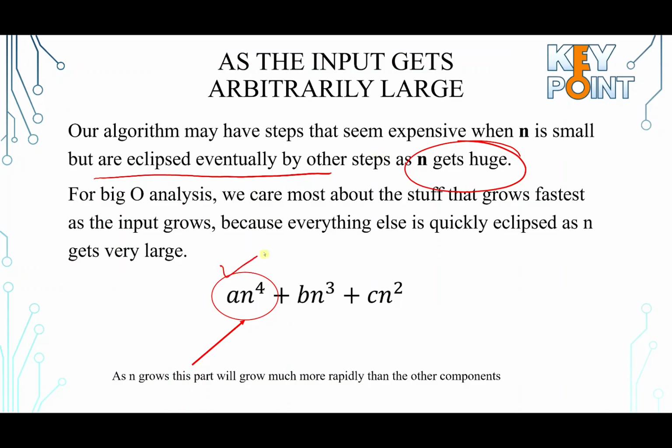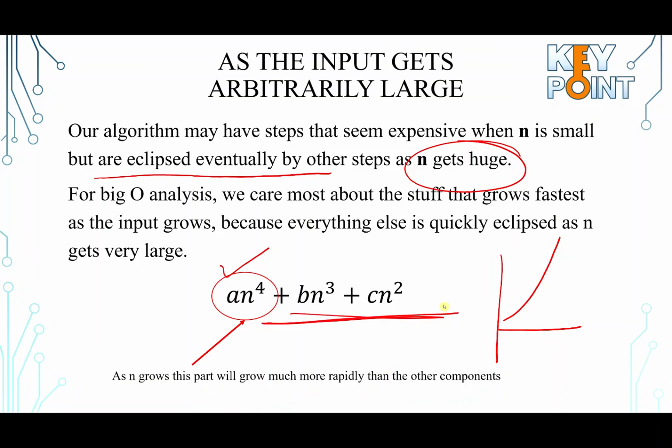So, as you can see, the biggest term is going to determine what the shape of the algorithm is going to look like. So as n grows, this part will grow much more rapidly than other parts.